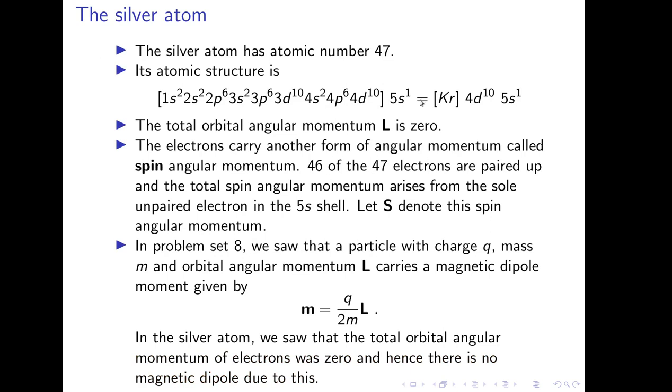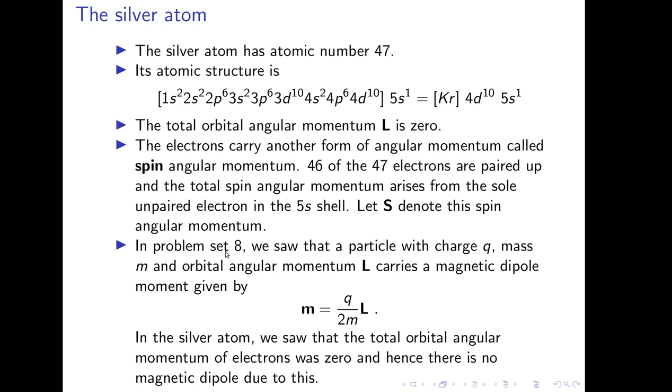So the only source of angular momentum of any kind is the unpaired electron, which is sitting in the 5s orbital. And so we'll use the symbol S to denote spin angular momentum, like we use L for orbital angular momentum. By orbital angular momentum, I mean it's r cross p.